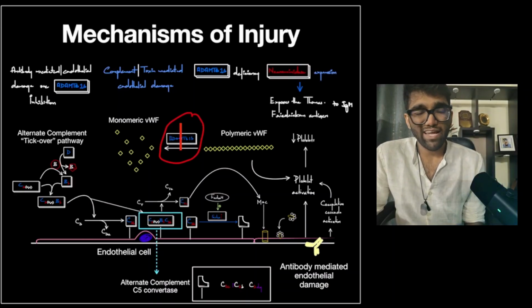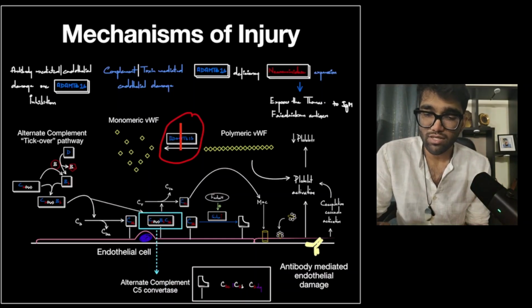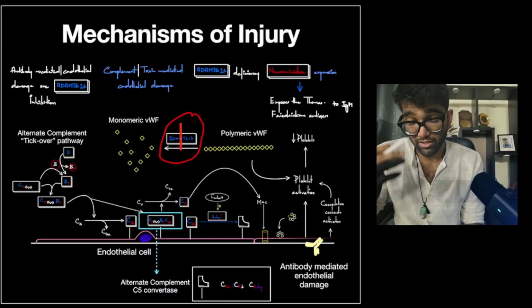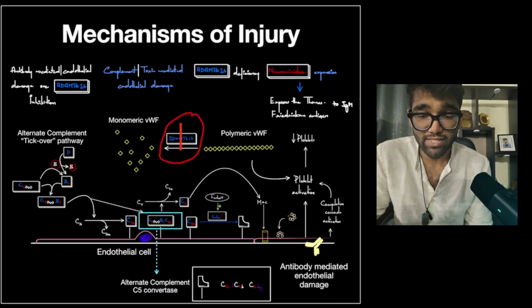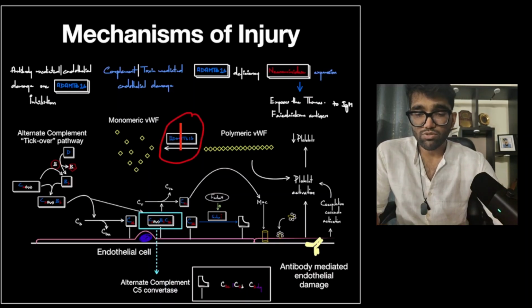Okay. Then finally, there is an interesting thing. You can have, during influenza infections, the enzyme neuraminidase, which is produced by the influenza virus, can expose what is known as the Thomsen-Friedenreich antigen on the surface of the endothelium.